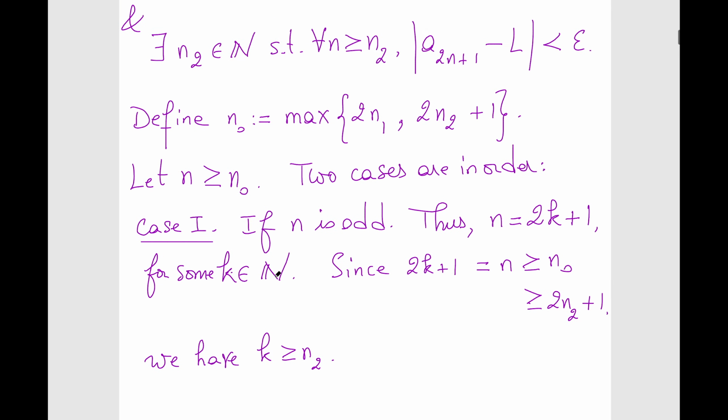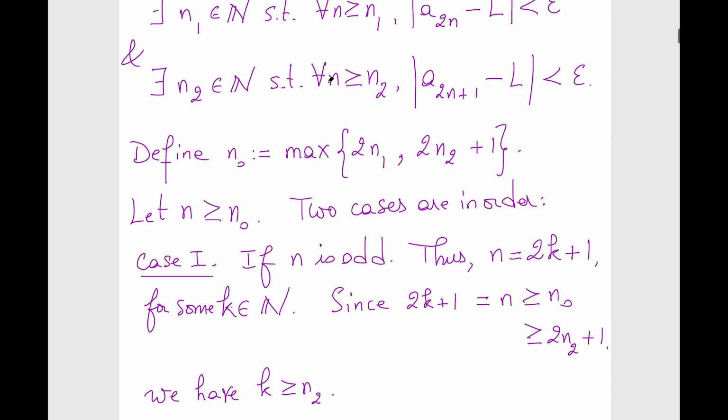And now look, let me box it for you. Since this guy holds for any number n that you choose that's bigger than or equal to n2, k in particular is at least n2. So this guy is gonna hold for k, right? So I'm gonna write, instead of n, I'm gonna write k.